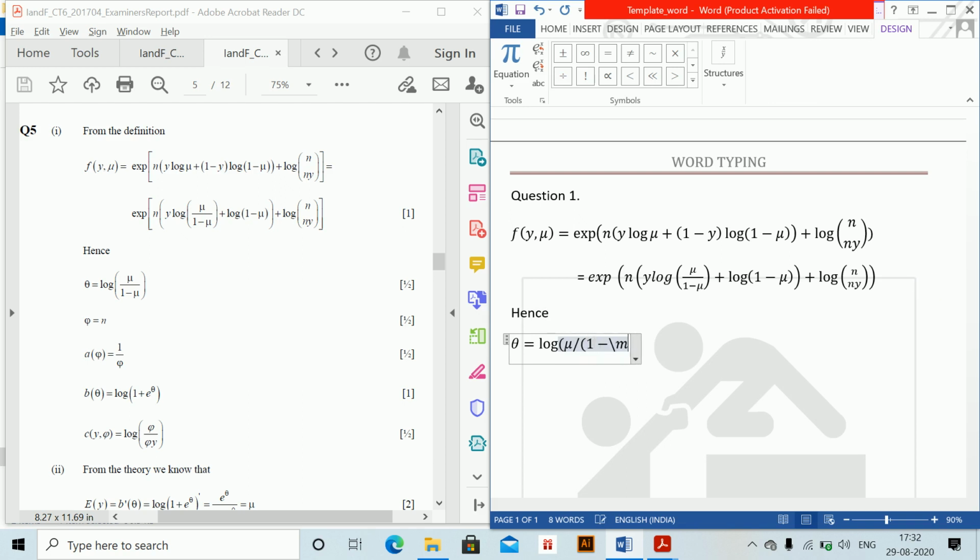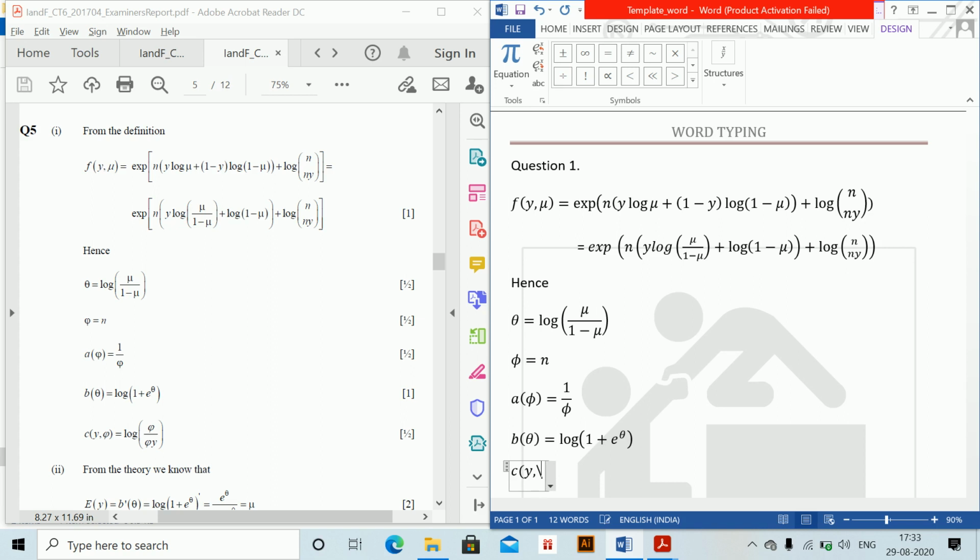Now these are direct derivations, which may or may not come in the exam also. phi is equal to 1 by n, a of phi is equal to phi, and then b of theta is equal to log of 1 plus e to the power theta, and the last one is c of y comma phi is equal to log of n choose ny.